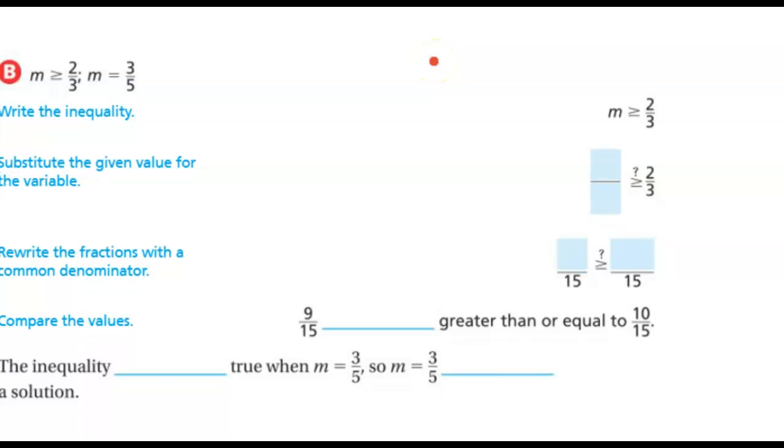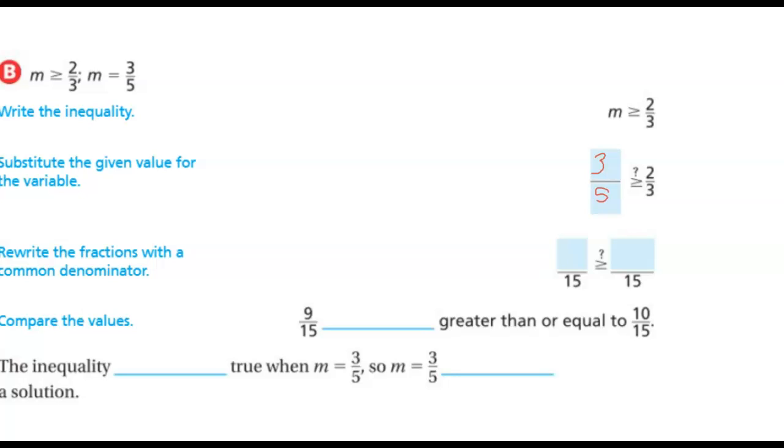Let's do one with our beloved fractions. So m is greater than or equal to 2/3 when m equals 3/5, let's see. So we wrote the inequality, or the book did. We're going to substitute now the m for 3/5. And we rewrite the fractions with the common denominator of 15.